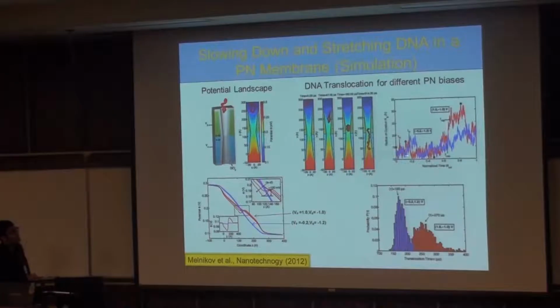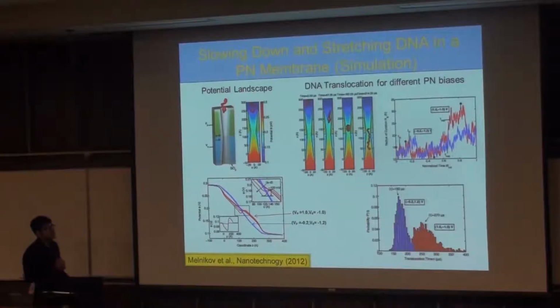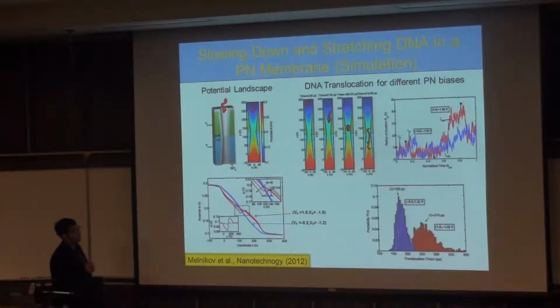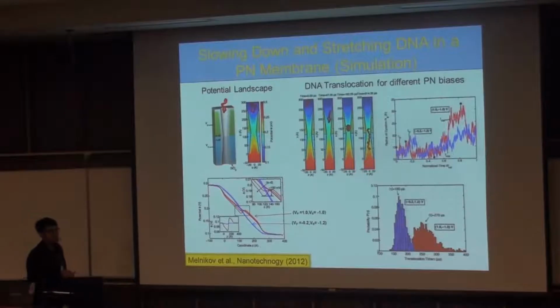These red and blue curves measure how much stretching there is in the DNA. The red curve corresponds to a DNA molecule that is elongated being passed through, and the blue one corresponds to a crumpled up ball. So just by manipulating the voltages on each of these layers, we can control the shape and orientation of the DNA molecule as it passes through.